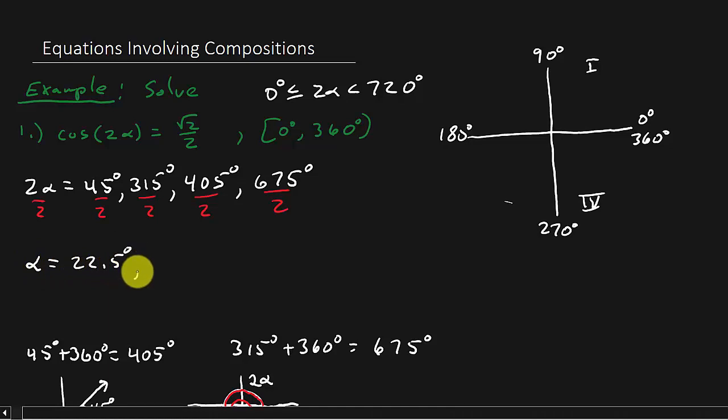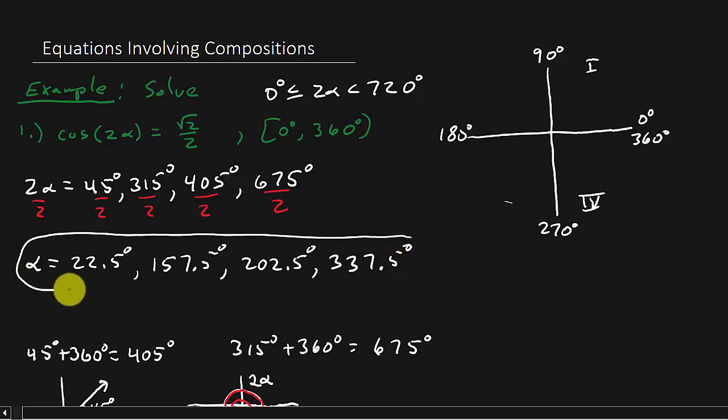And then I've got 315 divided by 2, that is 157.5. And then I've got 405 divided by 2, that is 202.5. And then I've got 675 divided by 2, that is 337.5 degrees. And this is my answer.